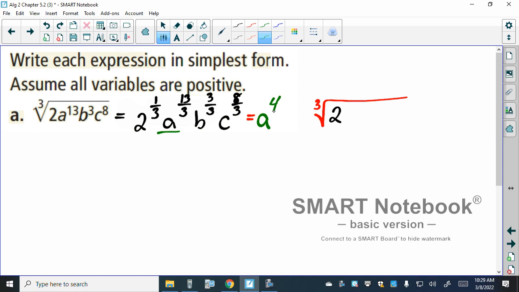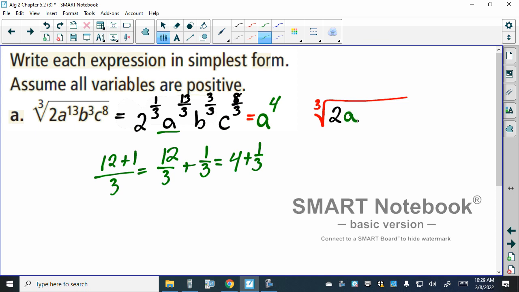Because 4 times 3 is 12. Because we can say 12 plus 1 over 3 is really 12/3 plus 1/3, which is 4 plus 1/3. And our 1/3 is really just telling us that I have a to the 1st inside the cubed root.